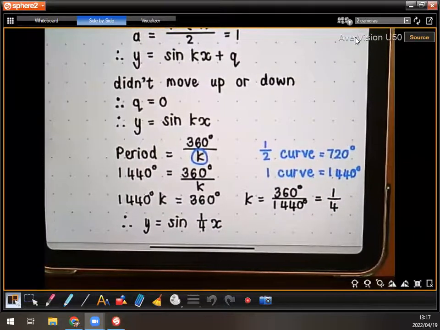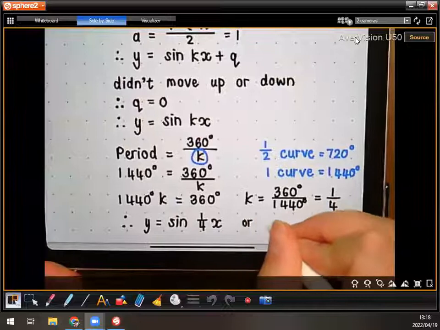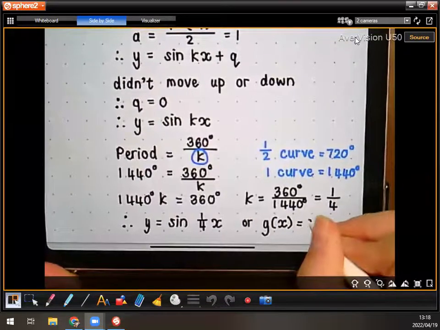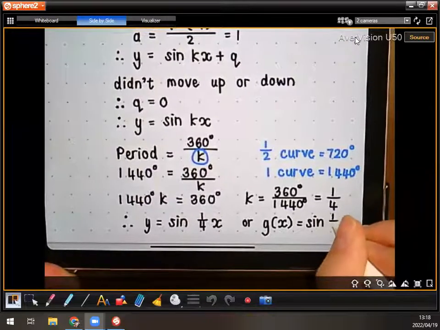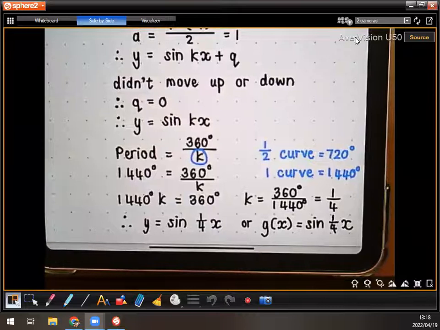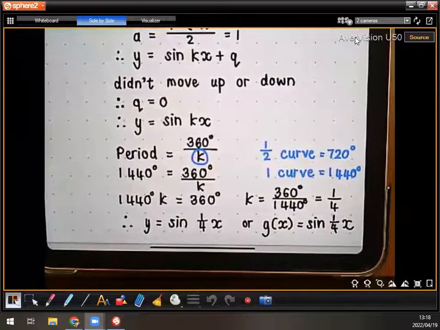That is the equation of g. You can write it as y equals, or you can use function notation. You can say g of x is equal to sine of a quarter x. Just add that in. I think we wrote the other one as f of x, so we'll write that one as g of x at the bottom.